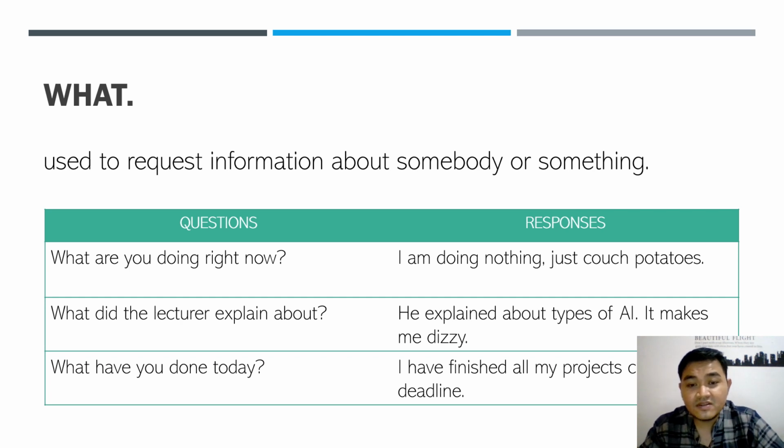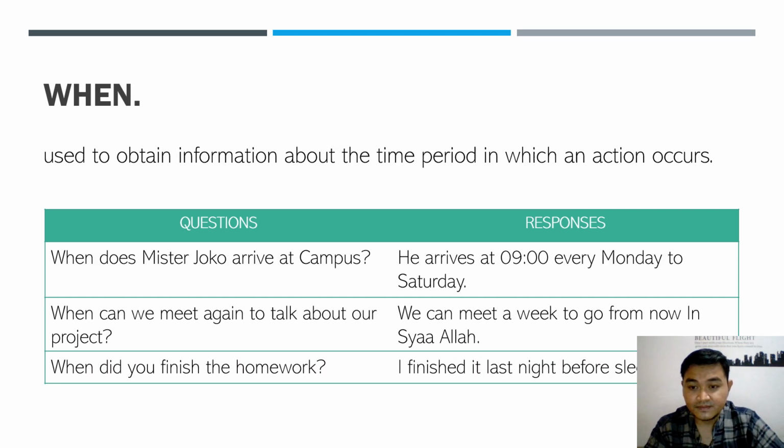What have you done today? I have finished all my project. Maybe someone says that, or maybe someone says, I have not finished my project. Oh my god, for example. The people will have different answers, depending on their experience, when using question words.